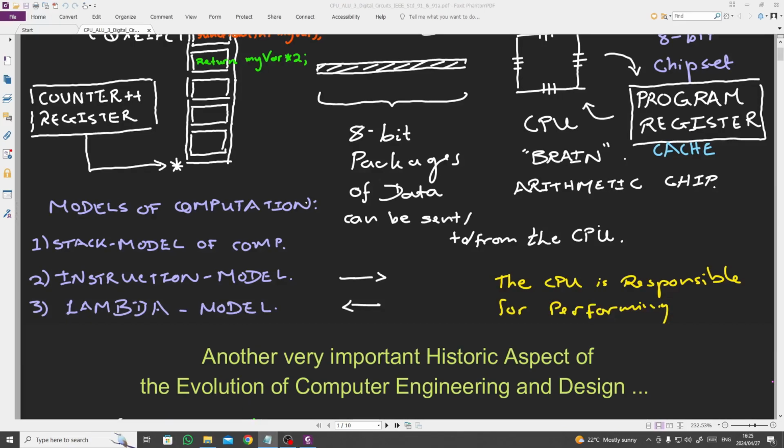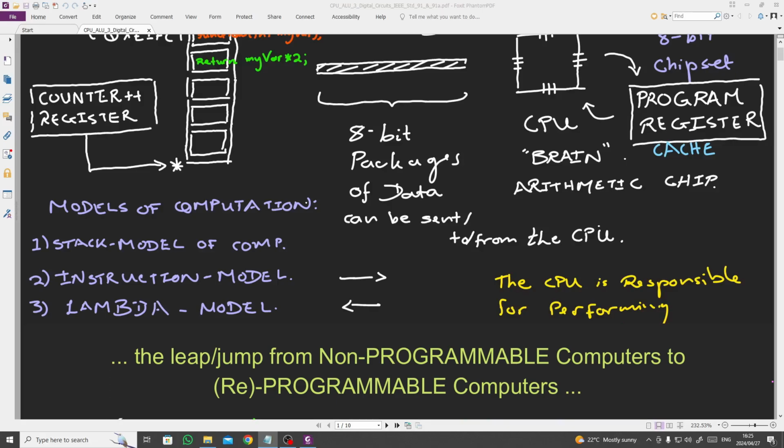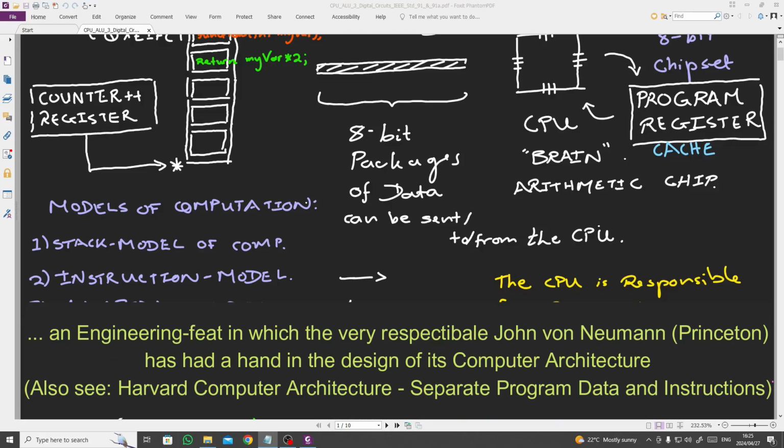Another very important historic aspect of the evolution of computer engineering and design is the leap from non-programmable computers to reprogrammable computers, an engineering feat in which the very respectable John von Neumann had a hand in the design of its computer architecture.